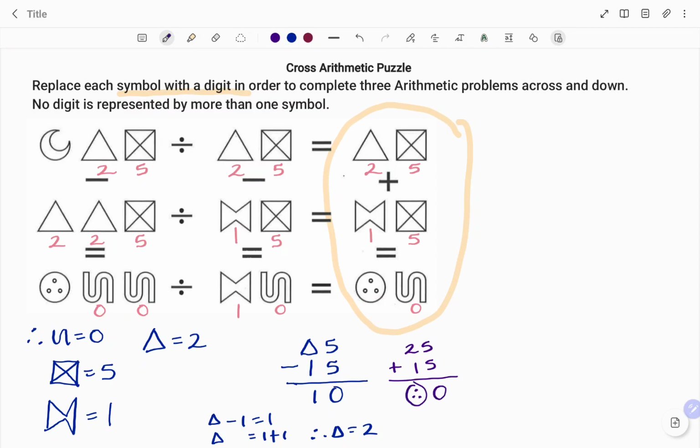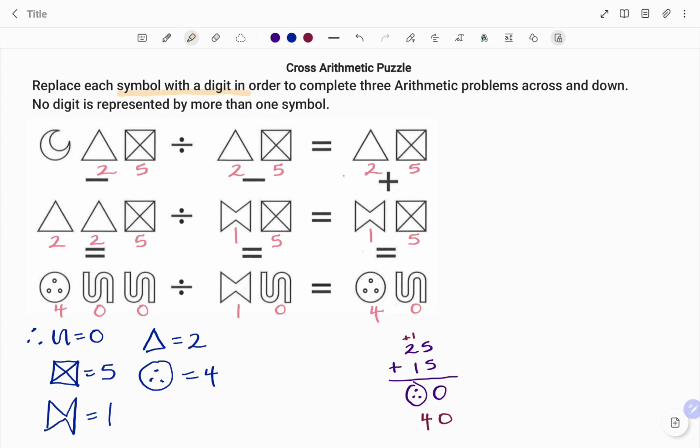We know the S shape is 0. Now if I'm doing my normal addition, I have 5 plus 5 is 10. I'm regrouping, so I add 1 to my left hand side. I have 2 plus 1, 3, plus 1, 4. So the value of my button as shown will be 4.